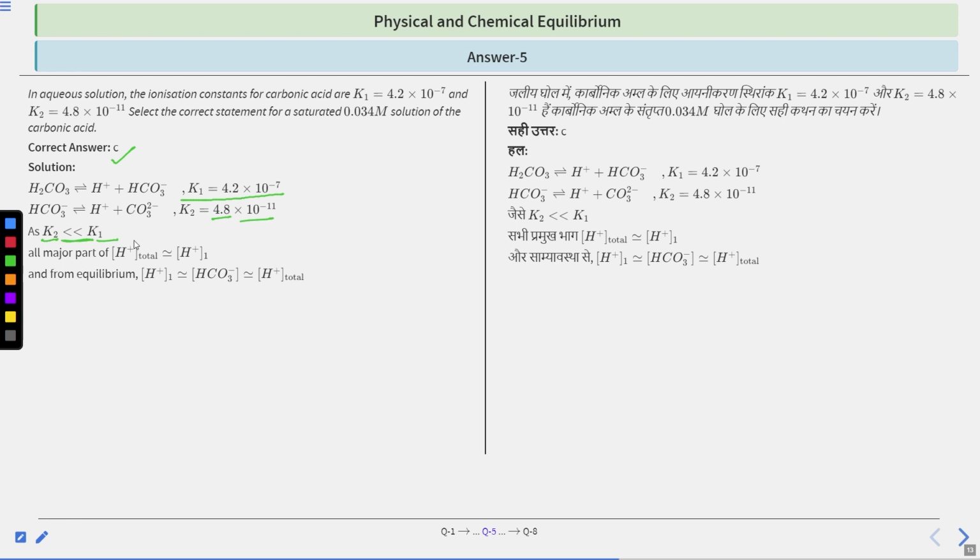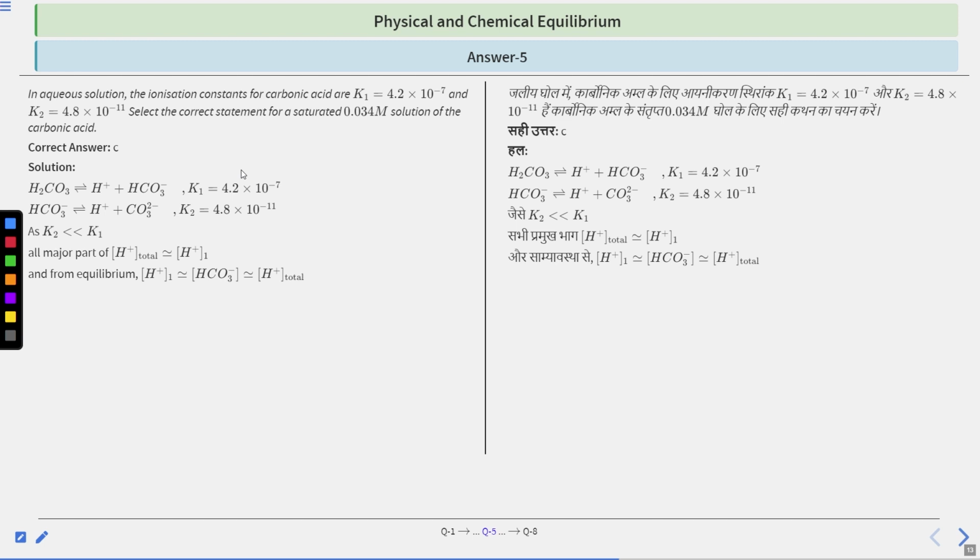So the major part of the total H positive is equivalent to the H positive from the first ionization. So from equilibrium, the H positive from the first reaction is equivalent to the HCO3 negative concentration, and it will be equivalent to the total H positive concentration, right? Hence, our option C statement is the correct answer.